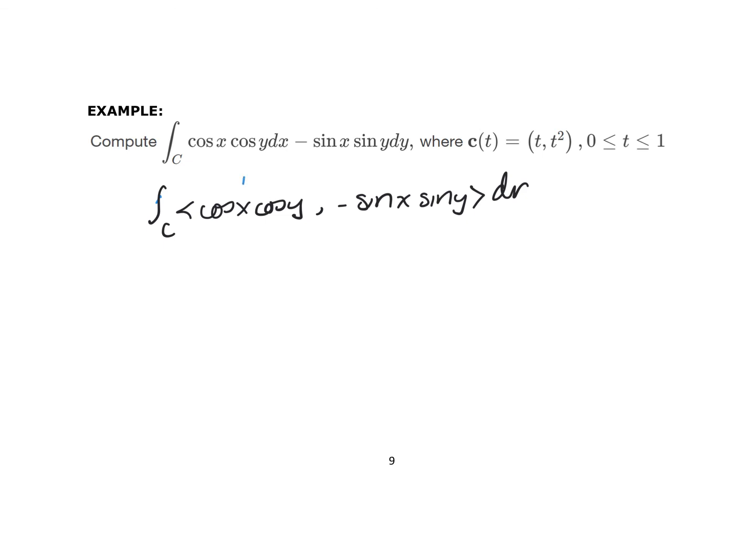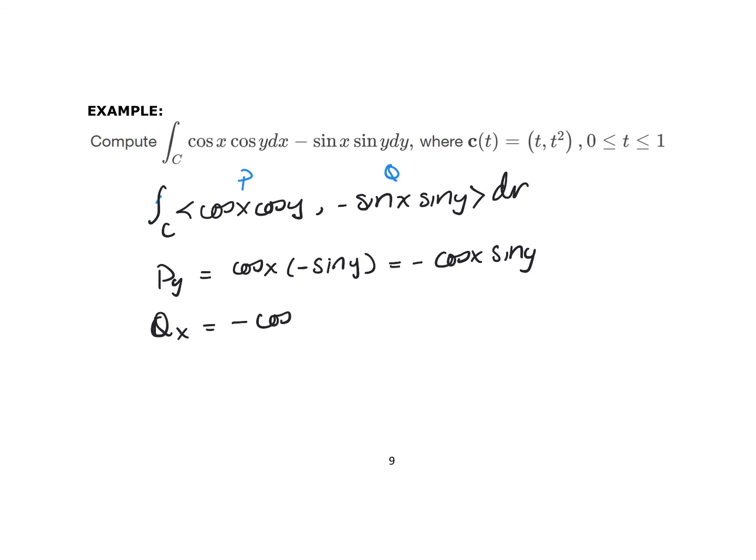So again, this is my P, this is my Q. So I'm going to do my P with respect to y, which is going to give me the cosine of x times the negative sine of y, so a negative cosine x sine y. I'm going to do my partial of Q with respect to x, which is going to be negative cosine x sine y. Well, that's lovely. We have a conservative field.